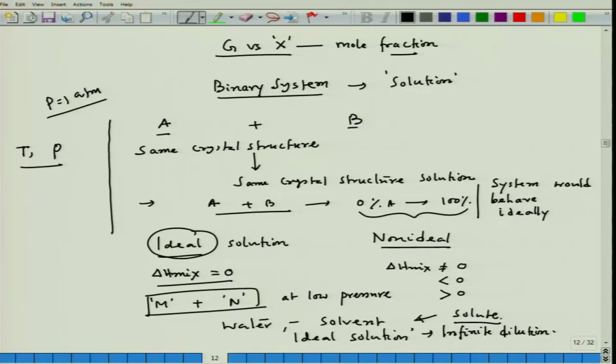So, that means we have A atom, B atom, and we fix a temperature, and that temperature could be anywhere.